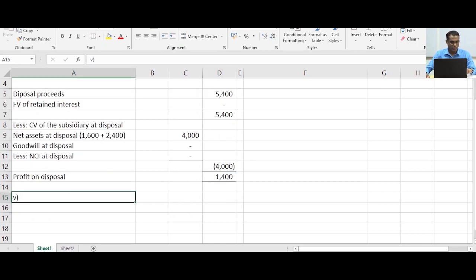Let's move to Roman number 5 of question number 3. This is the most important part, where you are requested to prepare the consolidated statement of financial position and the consolidated profit or loss and other comprehensive income.